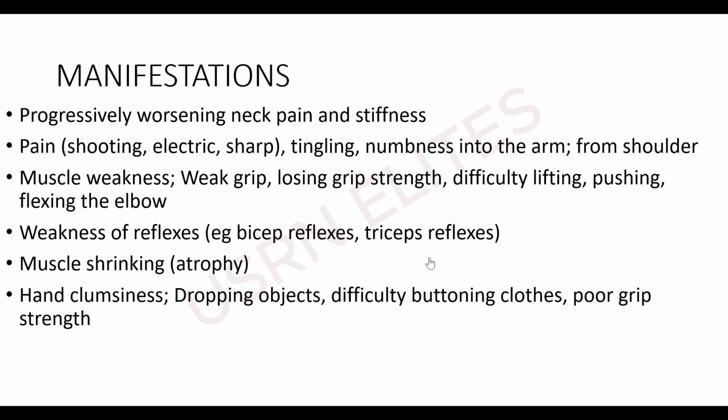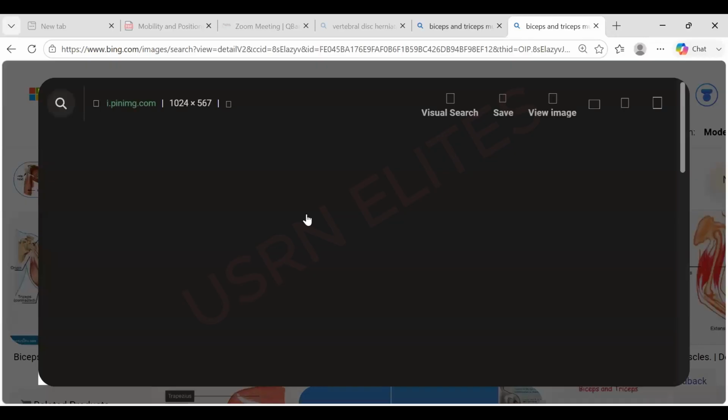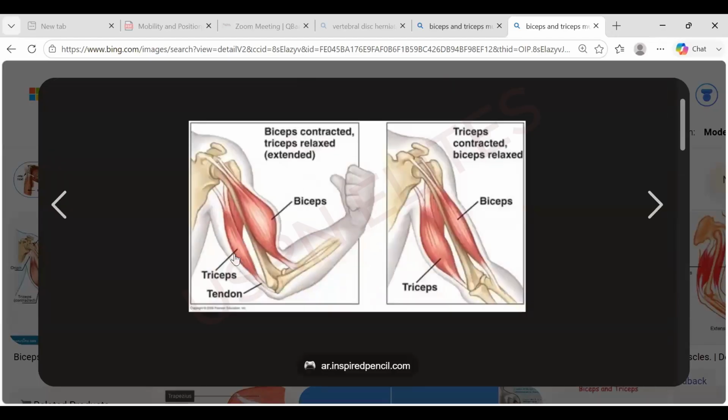So as you can see, the bicep muscle, the tricep muscle, and the nerve that is supplying all these things. A problem here would mean that there's weakness here, and the patient can't flex their hand like this, because of what? The nerve injury. So that's what we have.